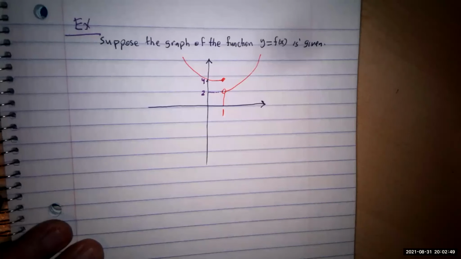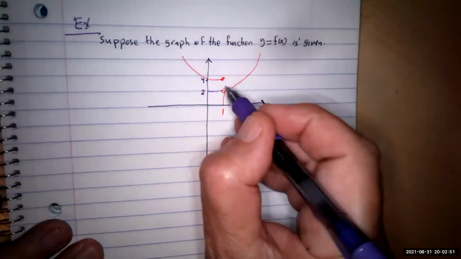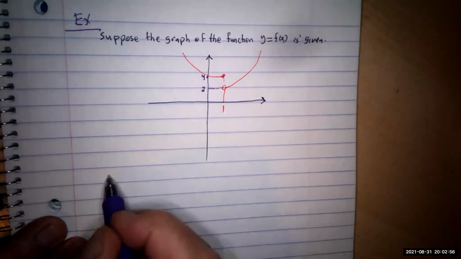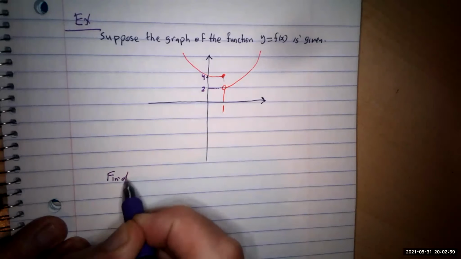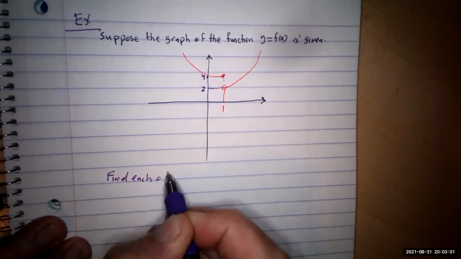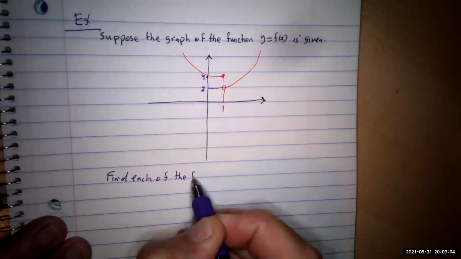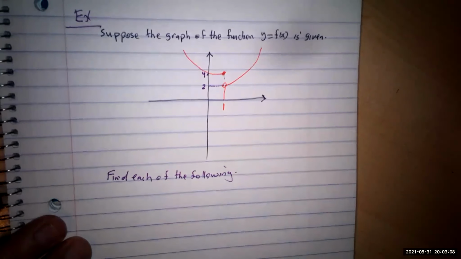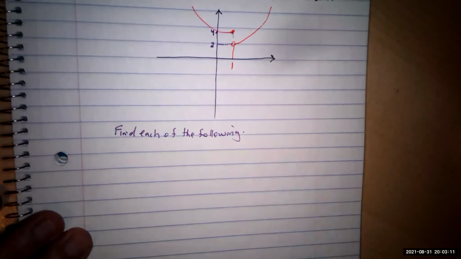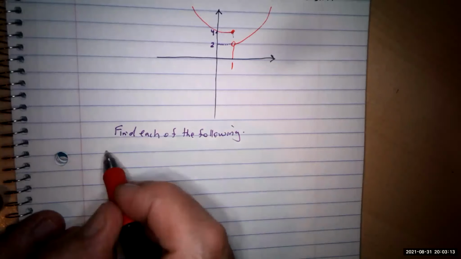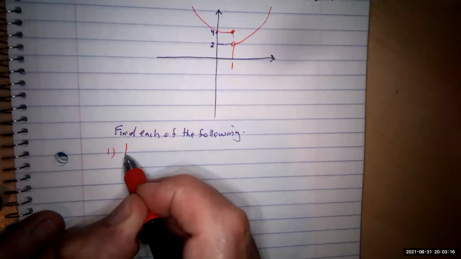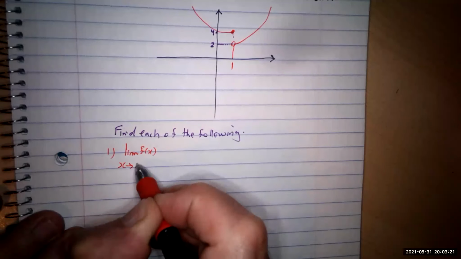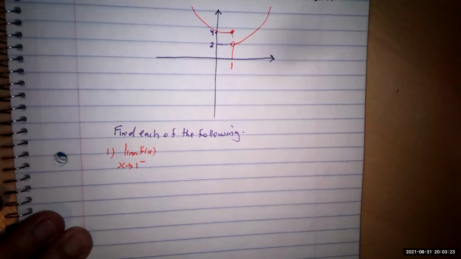So we are going to ask you a couple of questions. What we would like you to do is find each of the following. It's usually 4 questions. The first one, we would like you to tell us what is the limit of f of x when x goes to 1 from the left, 1 negative.